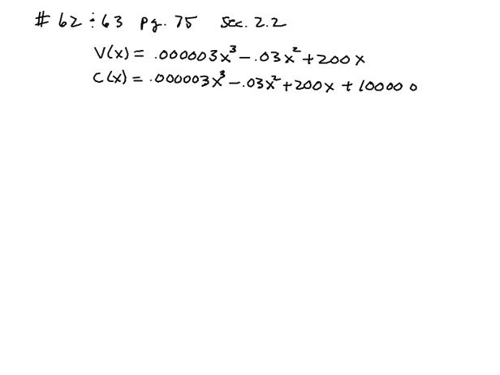In other words, the cost that they had before they even produced any. They had to buy equipment and other things I'm sure are involved there to make that around $100,000. And then when they start producing the items, there's a per item cost, which is my V function.